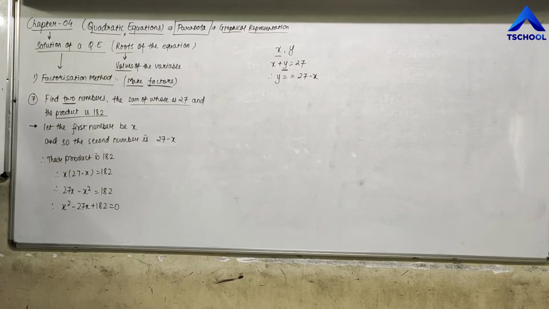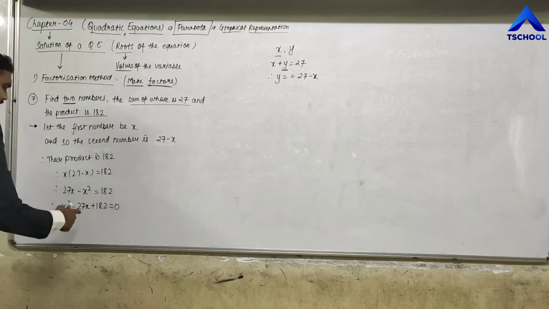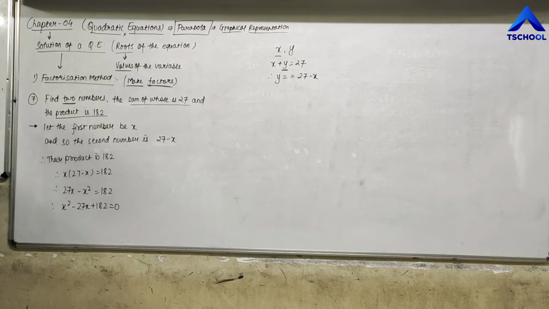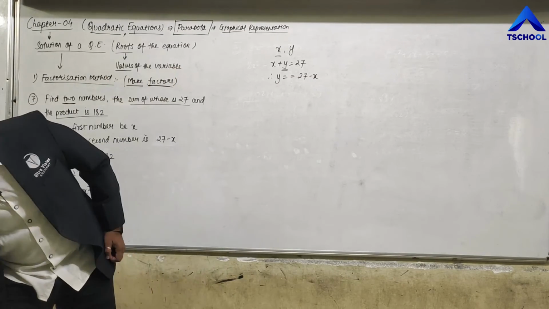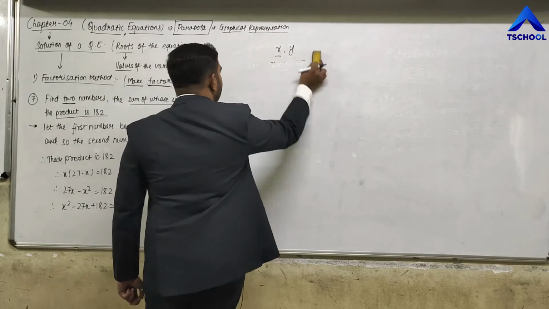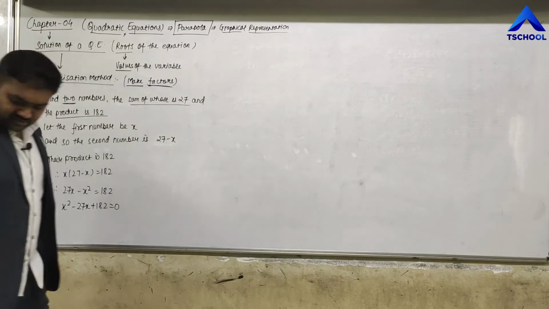We shall take both the terms on the other side. Now you need to factorize this 182 such that the sum is 27, because the middle term is minus and the last term is plus, so the factors will be minus minus. Okay, so factorize this equation now.